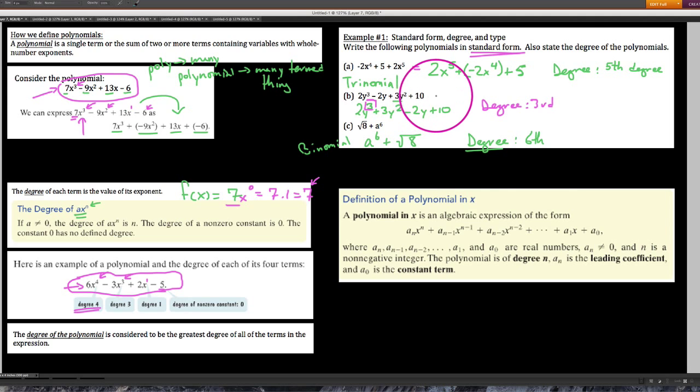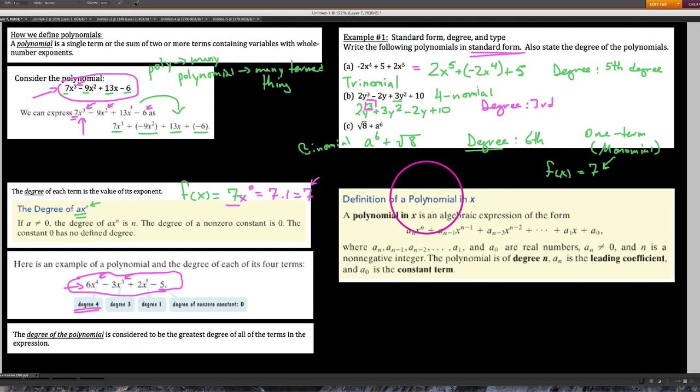But if it has 4 or more terms, we could just call it a four-nomial, okay? And it is worth mentioning that if it has 1 term, this would indicate that it is a monomial, okay? So if I had a polynomial where f of x equals 7, that would be a monomial expression.